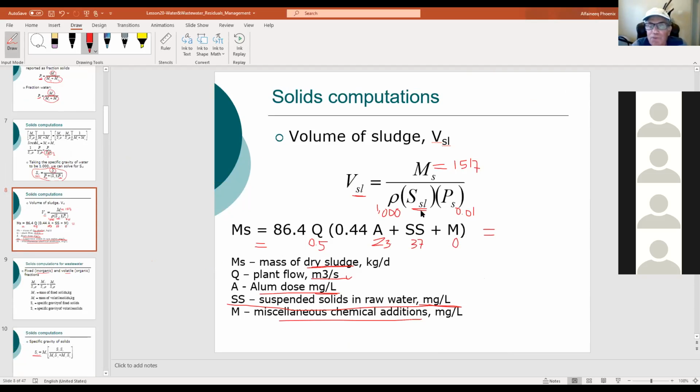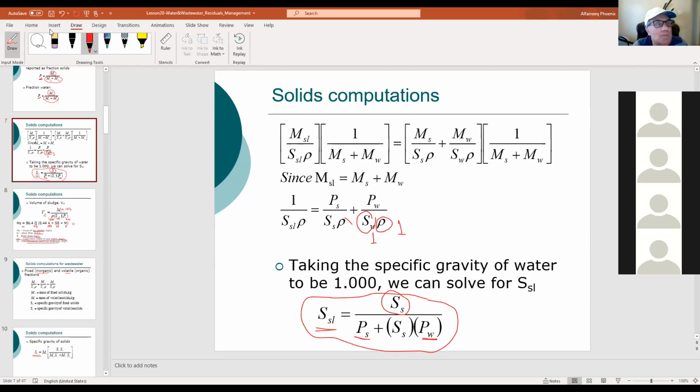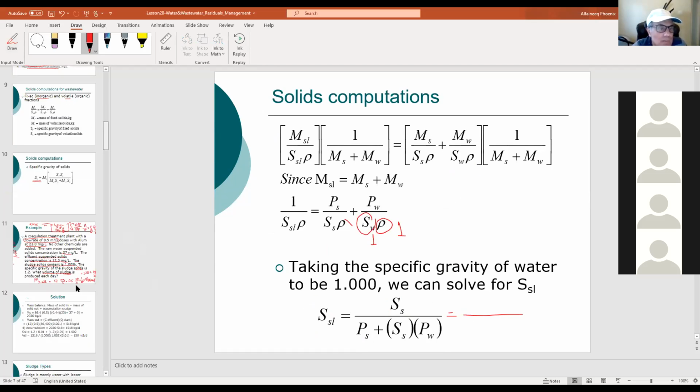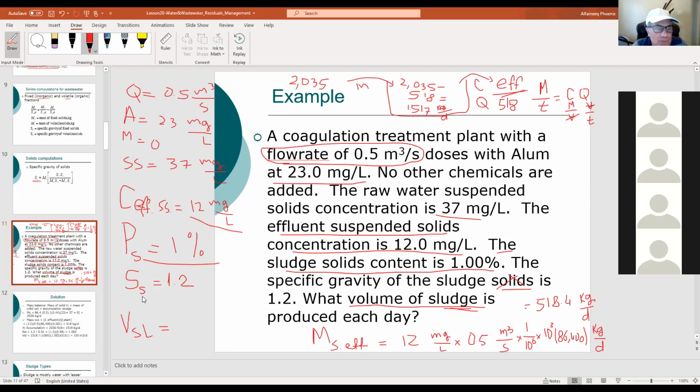So we cannot do anything unless we find the specific gravity of the sludge. All right, where is it? Should be some kind of formula here. So the formula is here. Let's put the numbers here then. Is this given, SS? Yeah, it's given. SS is 1.2. Here it is. All right.